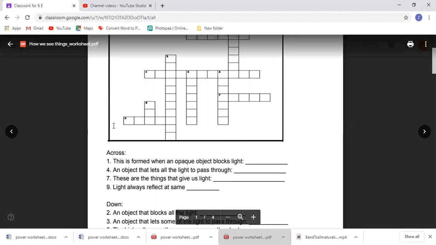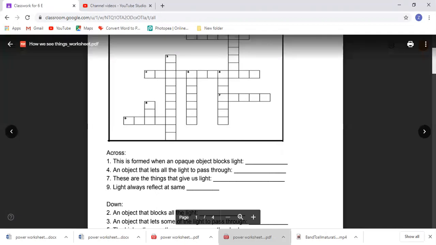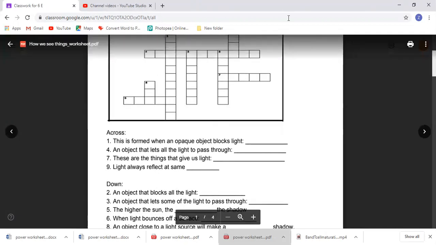So we have to take into consideration the limit of the letters that we can write. We know LIGHT can fit in over here, luminous cannot fit in over here, so we are not going to use the word luminous for this. In order to fill the crosswords, we have to be cautious about how many letters can be over there. So I'm going to write over here light. So light source is basically that object.